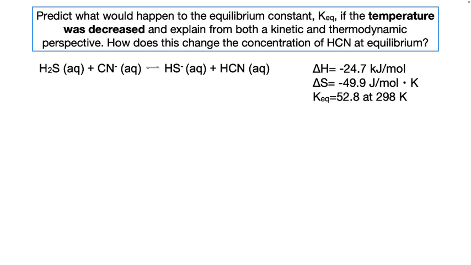This is small products, which is therefore small HCN. As I decrease the temperature, what's happening? My K becomes big, and if I have a big K, what does that mean? More products. Big products? More products. There we go.